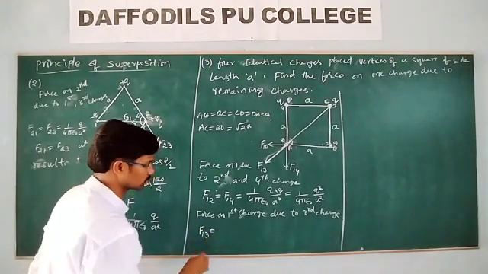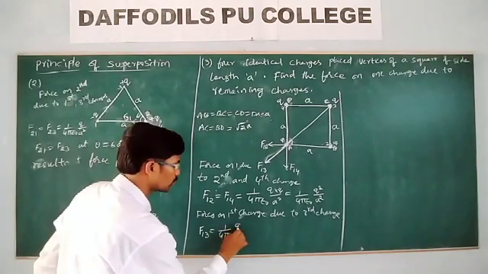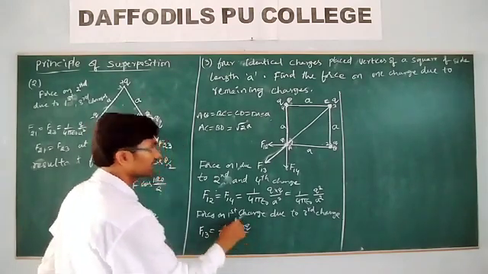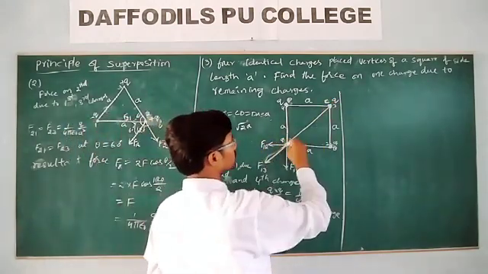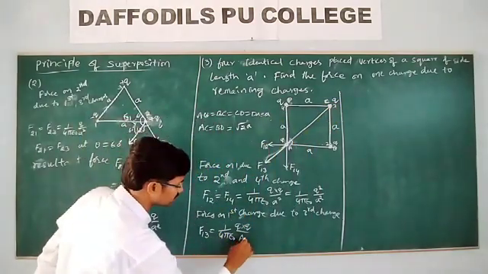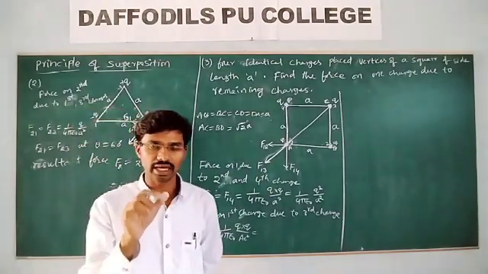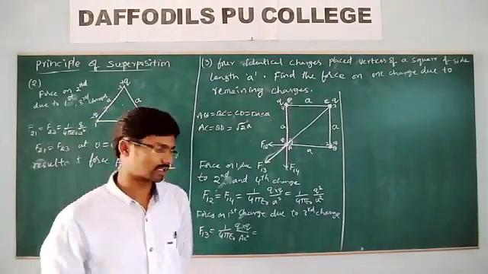F13 is equal to 1 by 4 pi epsilon naught Q into Q by what is the distance? CA, AC square. 1 by 4 pi epsilon naught Q into Q by R square. R is nothing but the distance between those two charges.